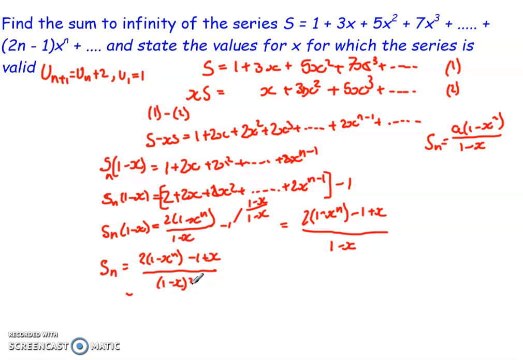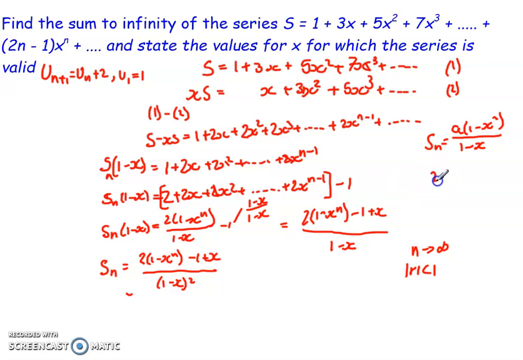But remember, for a power series, I've told you that we want n tending towards infinity. So we want a limit as n tends towards infinity. But for that to exist for a geometric series, which we've taken this to be, because it is, we know that the magnitude of r, my common ratio, has to be less than 1. To get the common ratio, we take the ratio of two consecutive terms.